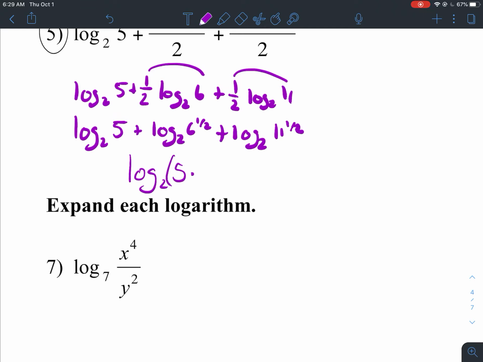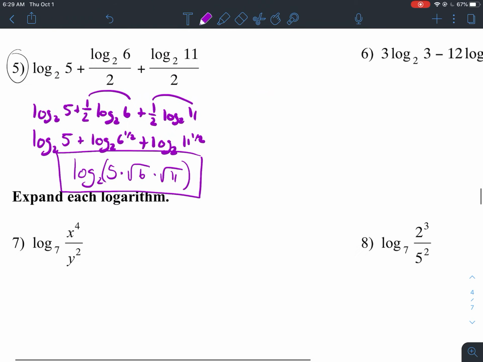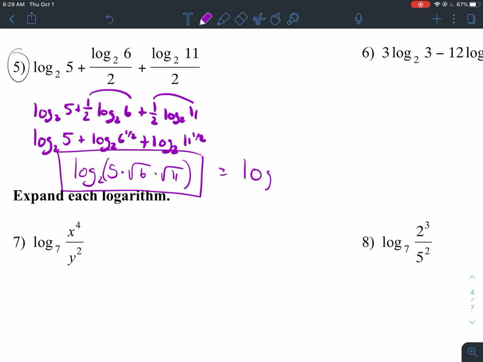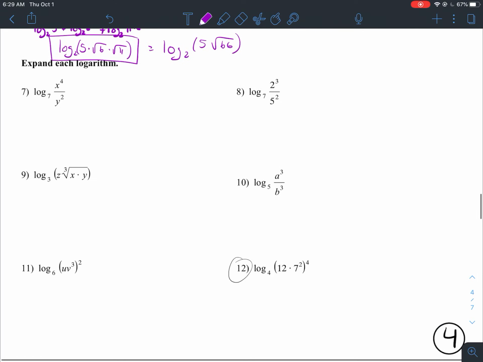So this is going to become log base 2 of 5 times root 6 times root 11. That would be your answer there. I would also be happy with 5 root 66, because technically you could combine those.